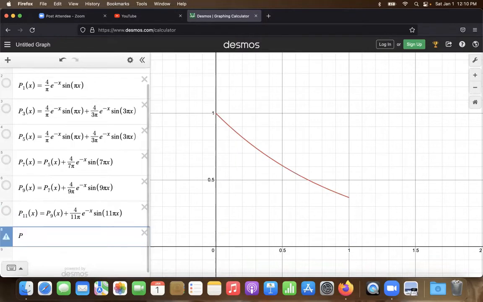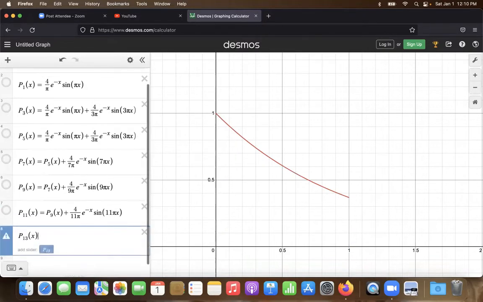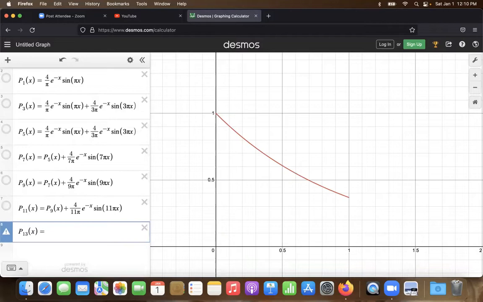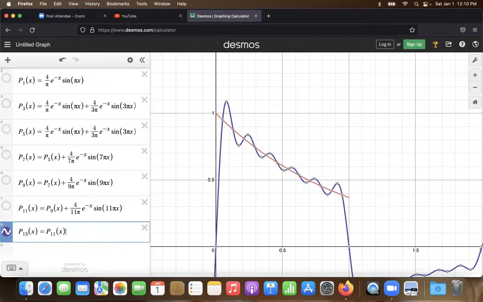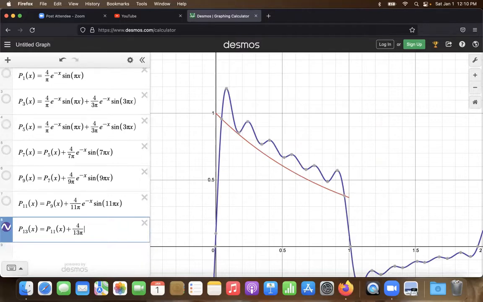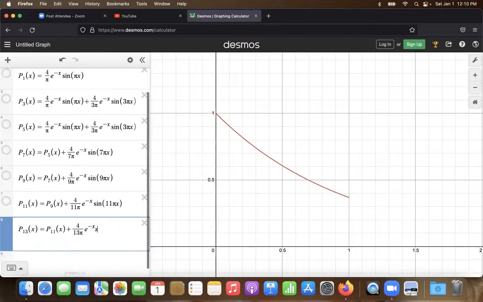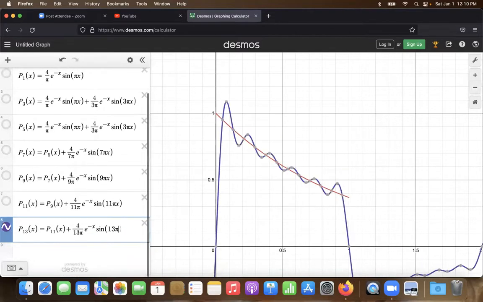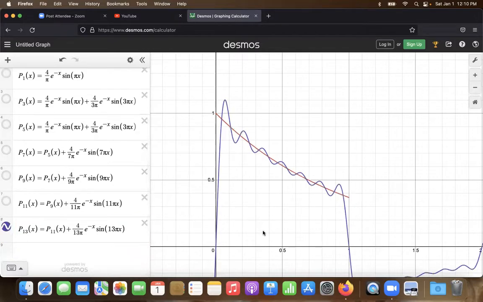The next one involves n equals 13, so I'm calling that p sub 13 of x. It's going to be the last one, p sub 11 of x, plus 4 over 13 pi times e to the negative x times sine of 13 pi x. And see, that's an even better approximation than the others.